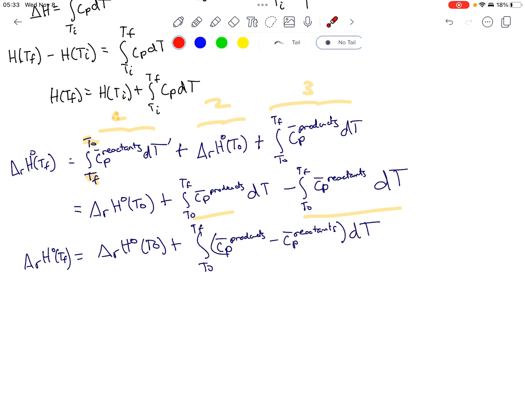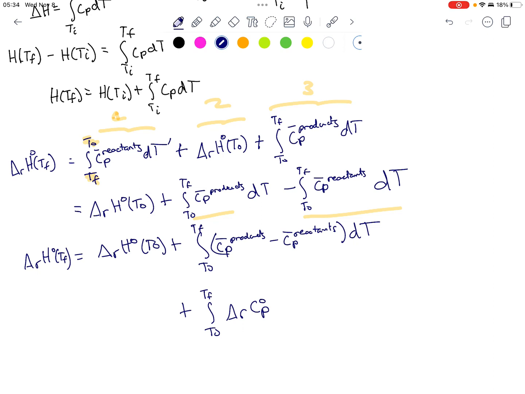But now this Cp bar of products minus Cp bar of reactants is just another quantity associated with the reaction. We can write this a lot more simply as delta R Cp of my reaction. And if this is done at standard conditions, this would be delta R Cp with a little naught on it.